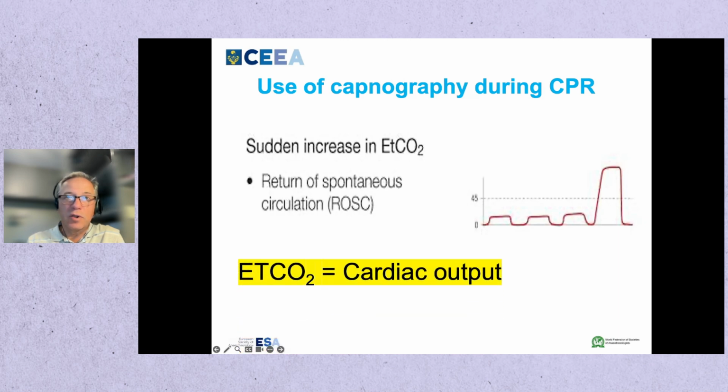So the return of a good CO2 trace means return of the cardiac output. So that's how capnography is used, well, first of all, as an indication that you're doing good CPR, and then as a sign of the return of spontaneous circulation.